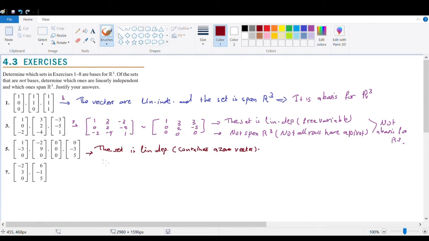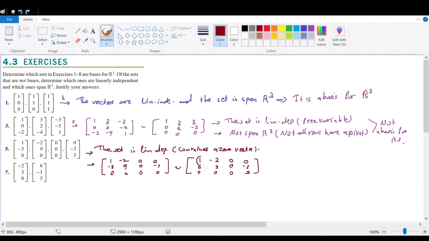For the span, we need to check if this one has 3 pivots. So let us write it as a matrix. Then we see if we need to do more row operations to check if we can have a pivot in each row. If we do 1 row operation, 3 row 1 plus row 2, we get the new matrix 1, 0, 0, minus 2, 3, 0, 0, 0, 0, 0, minus 3, 5.